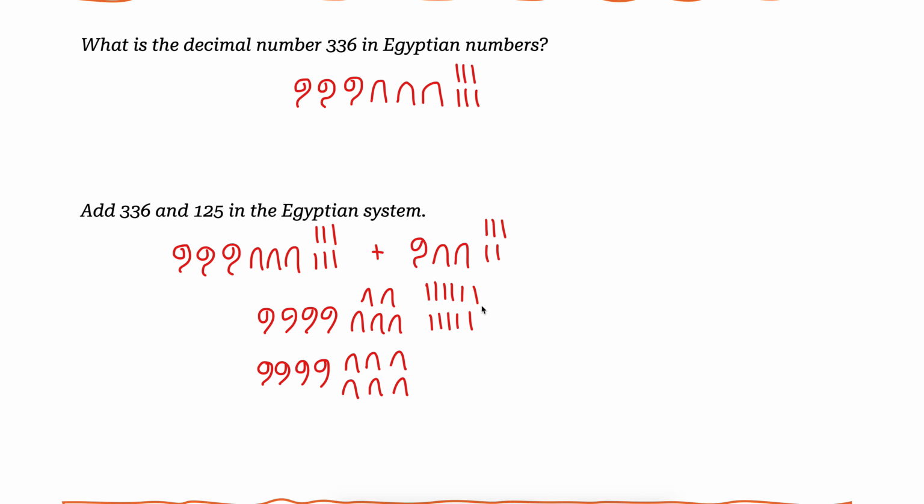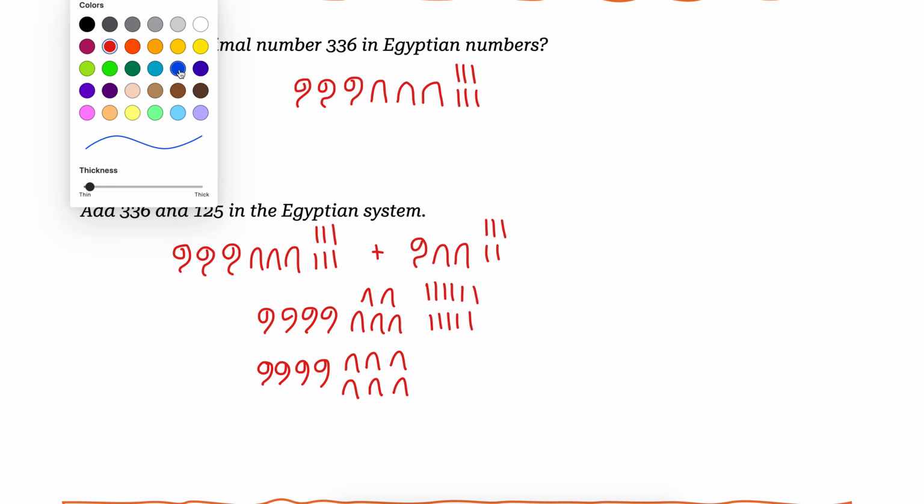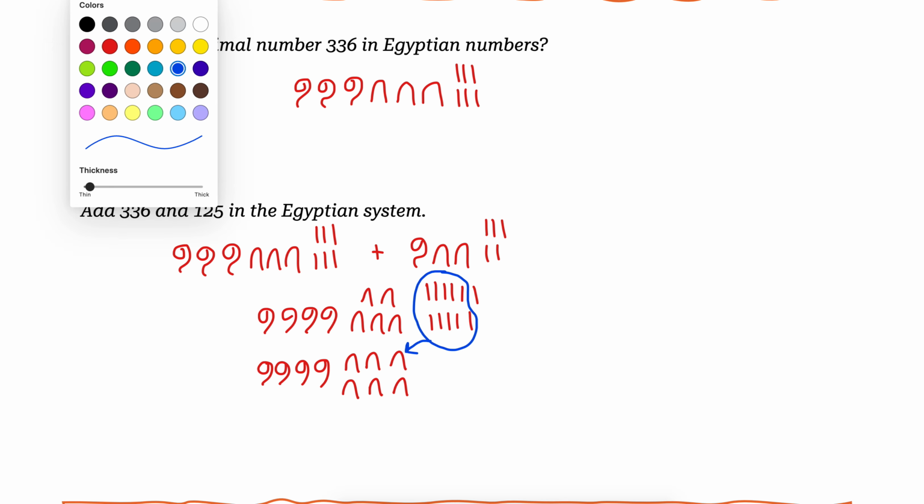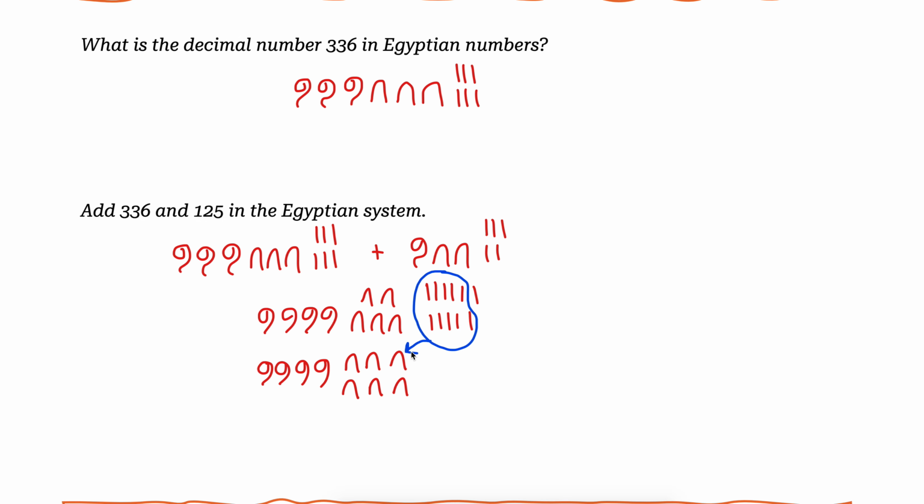And when we remove 10 of these ones, let me do a different color here. Okay, so we're going to turn 10 of these ones into a 10. That leaves 1 left over. So the answer in our number system, here's 464 1.